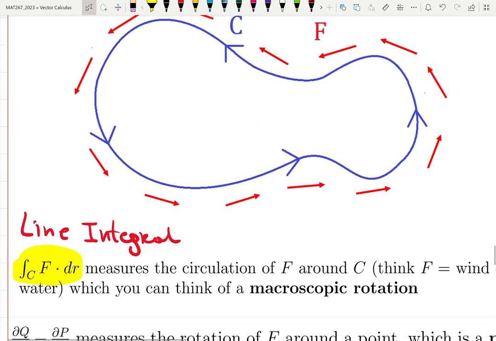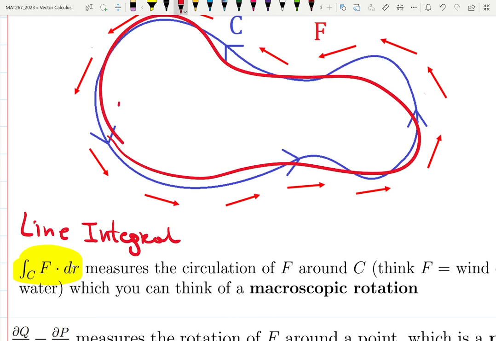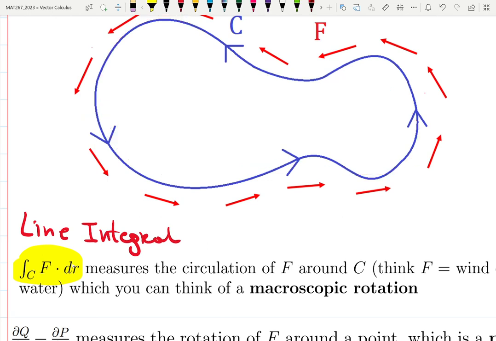Well, because it's on a closed curve, it tells us what is happening with macroscopic rotations. Macro means big. Micro means small, right? Macroscopic rotations, big rotations. And not big in a matter of size. It's big as a matter of a big picture. When you zoom out and you see the ocean, you see a huge rotational thing in the ocean.